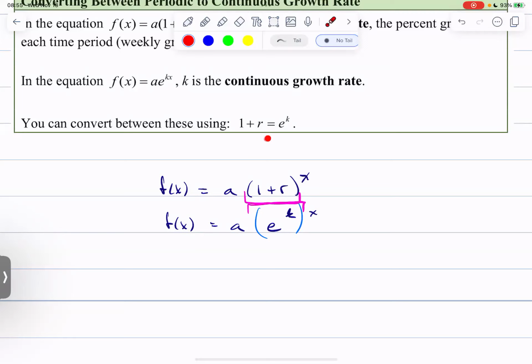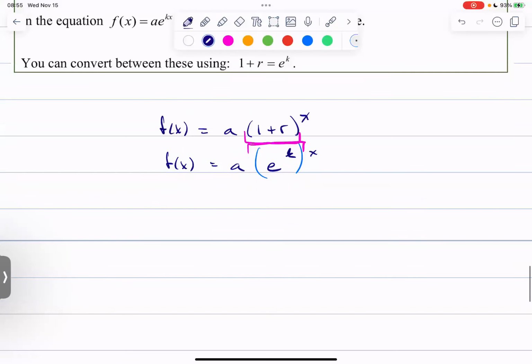So then you can convert between the two, as 1 plus r is equal to e to the k. So if you want the continuous growth rate k, then you have some r, so 1 plus r is equal to e to the k, where k is the continuous growth rate and r is the periodic growth rate.